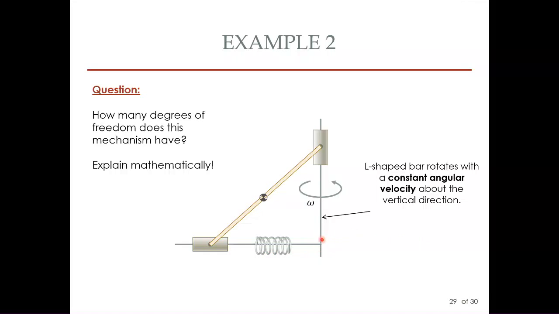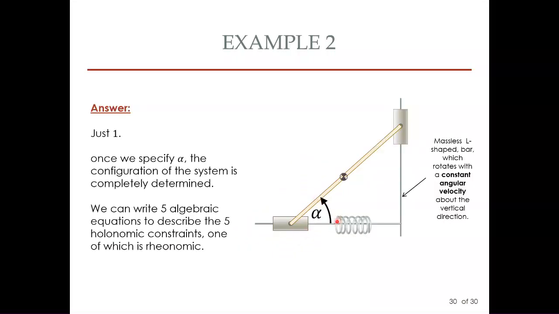But if you choose, say, a coordinate along this axis, or as in this slide, this angle, a single parameter can determine the configuration of the entire system. Again, given that this rotates with a known motion. Any known motion, not necessarily constant, but something prescribed. Is it clear?